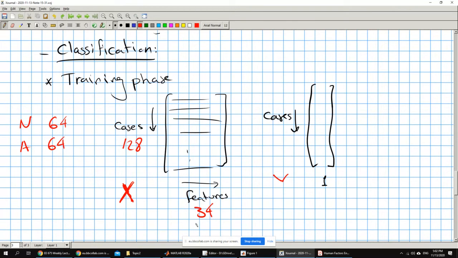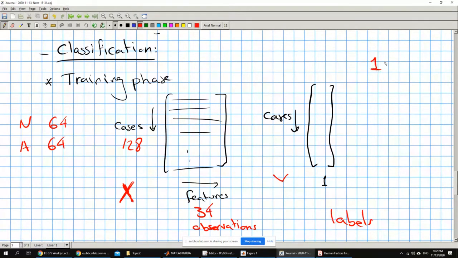Sometimes people call this the observations. For example, the first case has to have a certain diagnosis, so we can put them as numerical values.